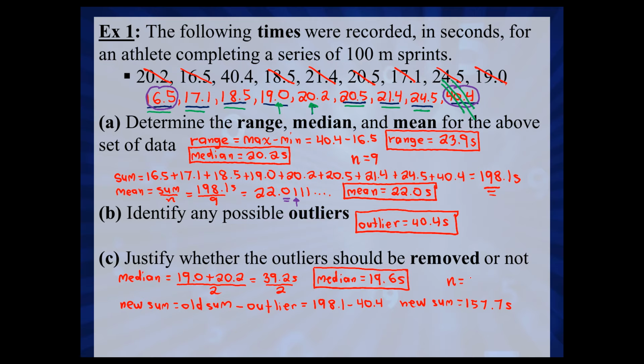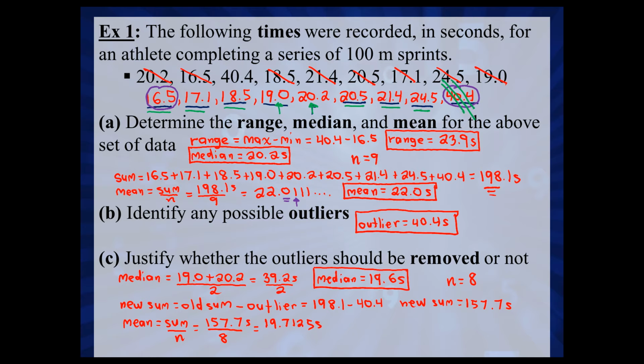If we take the outlier out, we'd now have 8 data points. Okay, so let's calculate this new mean. So we'd have mean is equal to sum divided by n. This is going to be the new sum divided by the new n value. So that would be 157.7 seconds. Divide by 8. And then this is going to give you 19.7125 seconds. It is a terminating decimal.